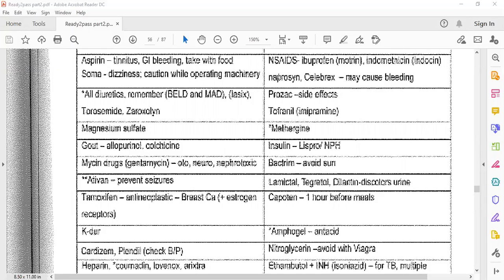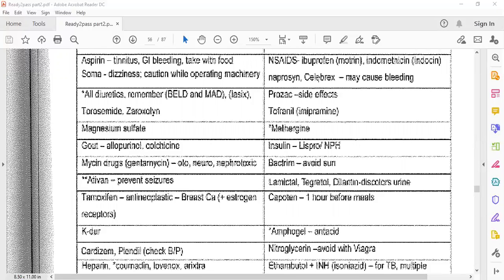Like ibuprofen, naproxen, diclofenac, celecoxib, I wrote it here, C-E-L-E-C-O-X-I-B. It is called Celebrex or celecoxib, right? Indomethacin is most commonly used.